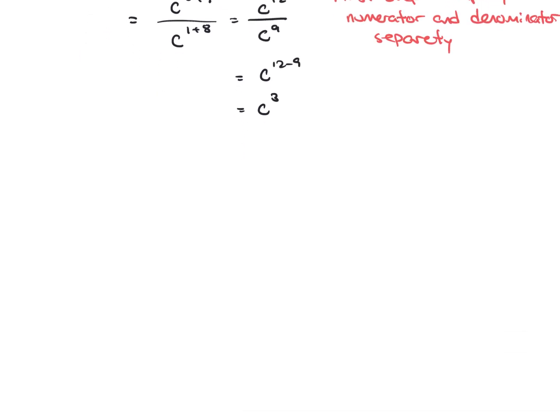Okay, and now the most complex one up until now, multiple letters. Let's try that. So I'll say x squared y times y cubed over x y to the 4.